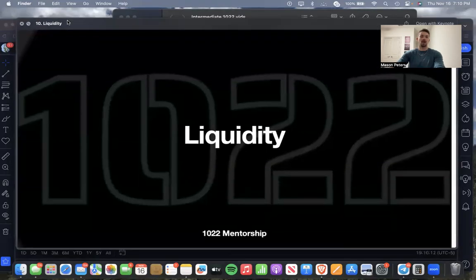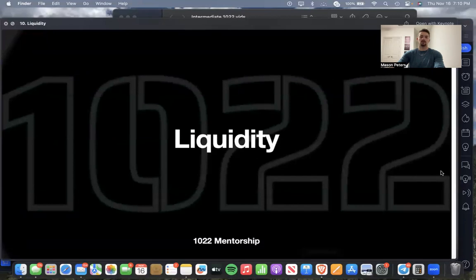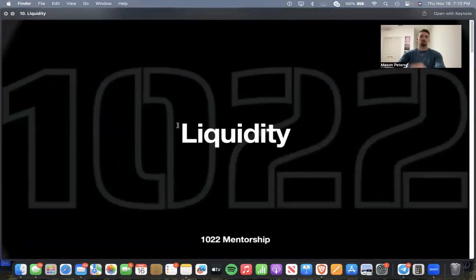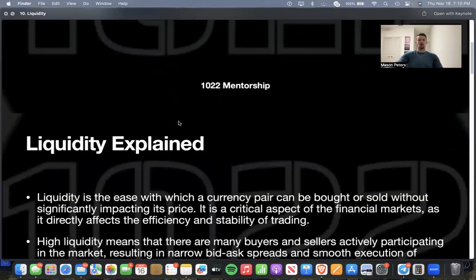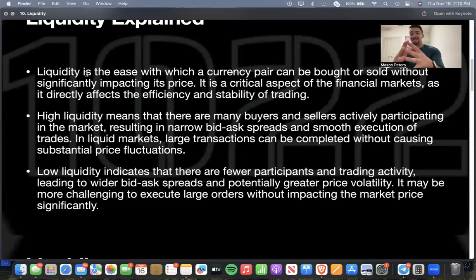Liquidity. All right. Let's pull this out a little bit here. Liquidity is the ease with which a currency pair can be bought or sold without significantly impacting its price.